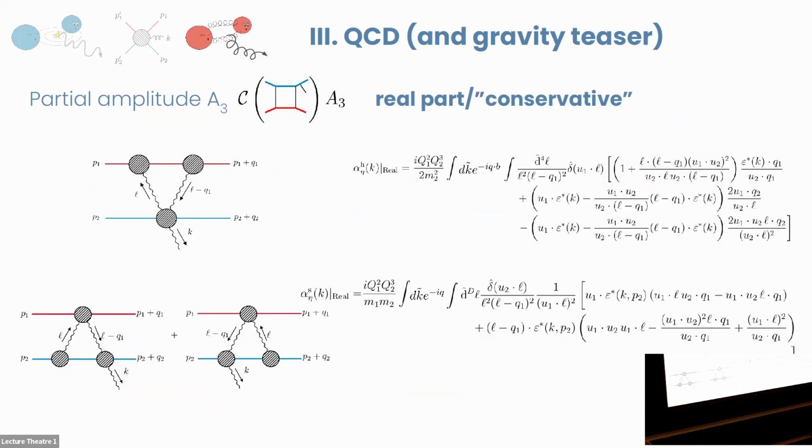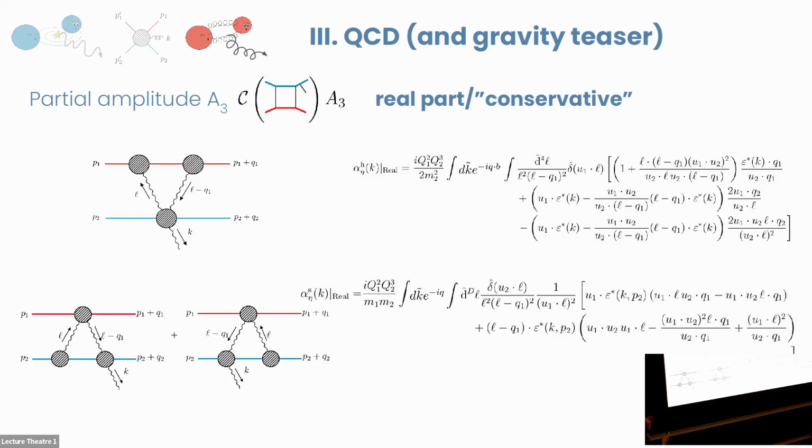All right, so here are some actual results. What we're looking at here is the real part, or the conservative contribution to this waveform. We've split it into two terms.